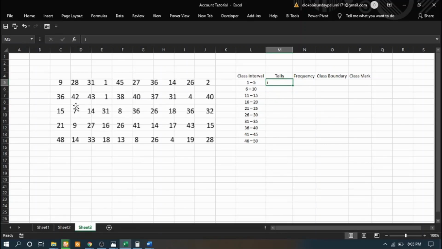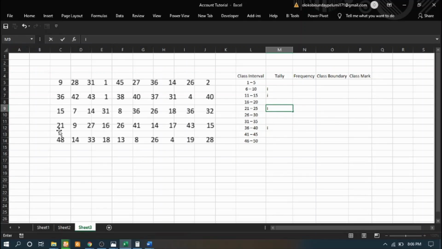Now 9 falls under 6 to 10, so just use a stroke to represent that. Then 36 falls here. 15 falls here. So we have 21 falls there.